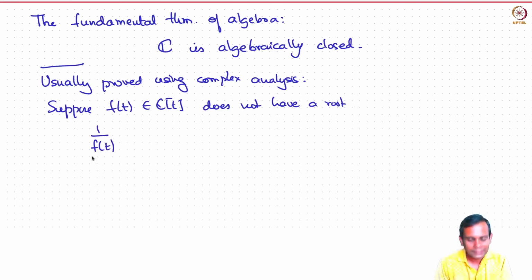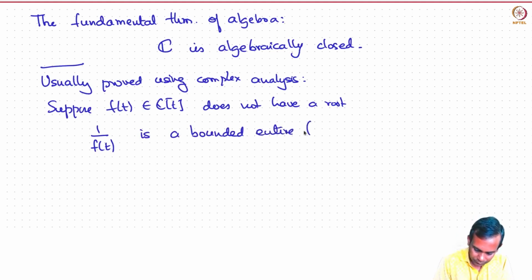This makes sense as a function on the complex numbers, and it is what is in complex analysis known as a bounded entire function. You have to show this. And by Liouville's theorem, this has to be constant, which means that f(t) itself is constant.